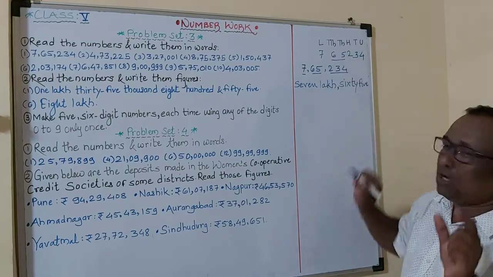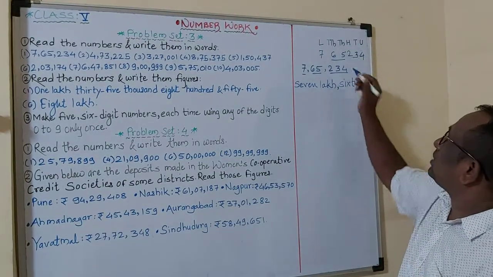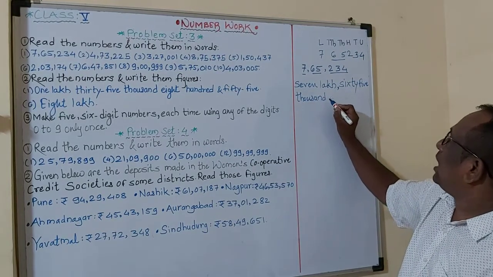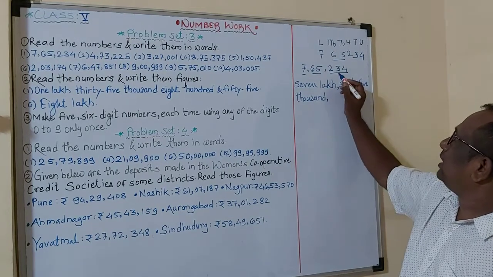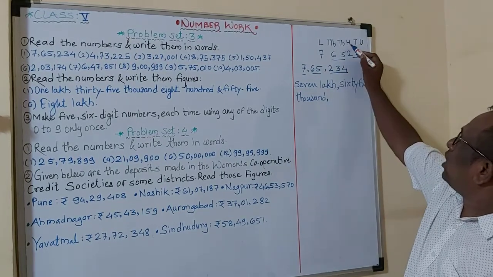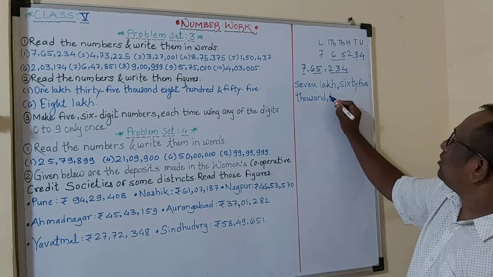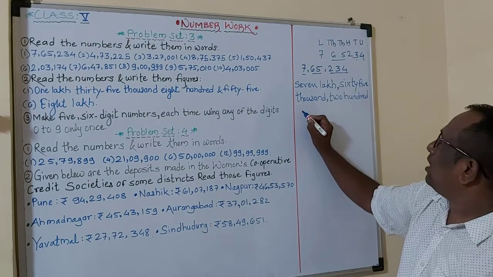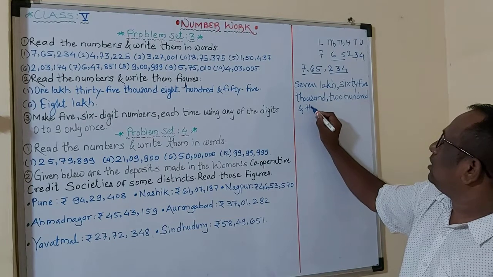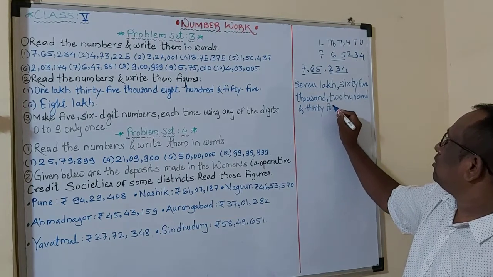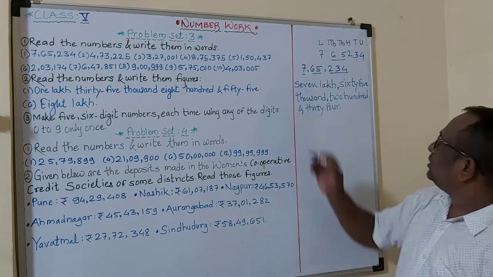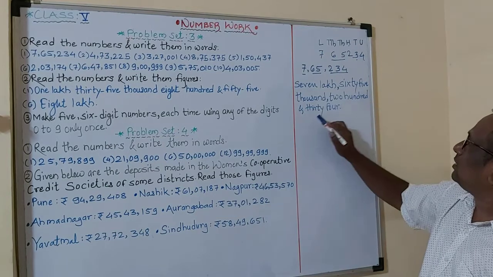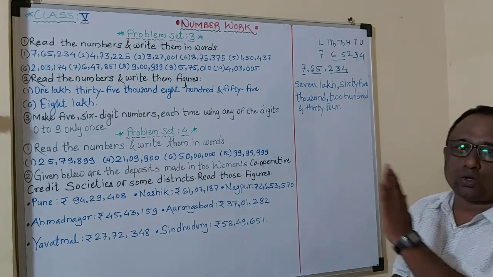So together you have to read and write 65, that is in the 1000 place, so 65 thousand. Again after this there is a comma, and then you write this together: 234. Just write here and see, 7,65,234. This way you have to write the remaining.